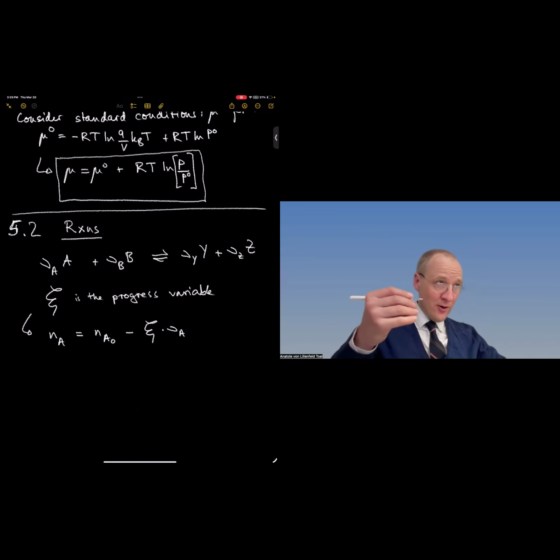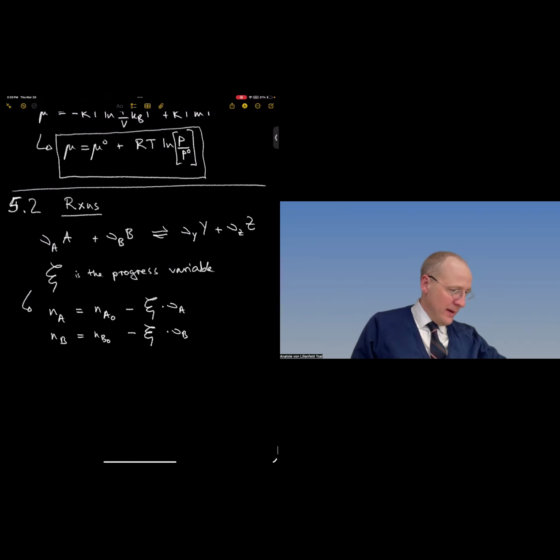So the amount of component A is decreasing. Similarly, for component B, and your products are growing.